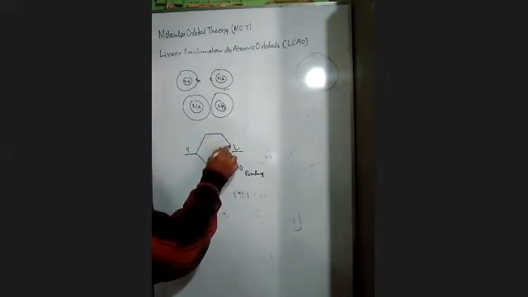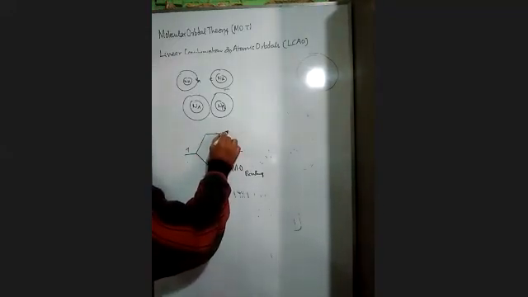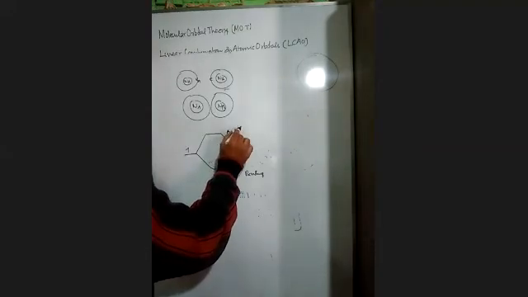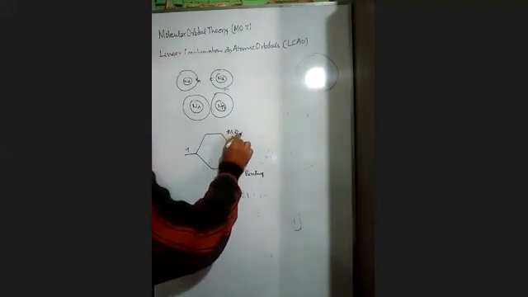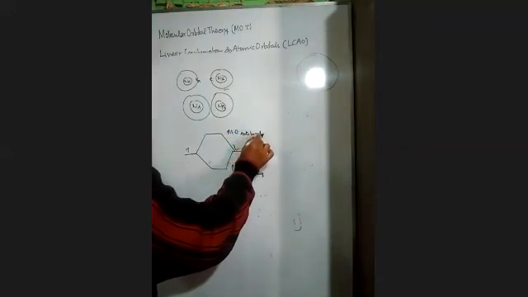Repulsion is less, energy is lower. And this is the one you'll find in that case: the anti-bonding molecular orbital. So this is the bonding and this is the anti-bonding molecular orbital.